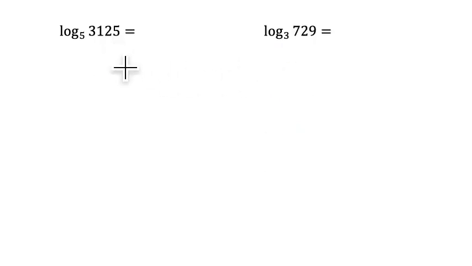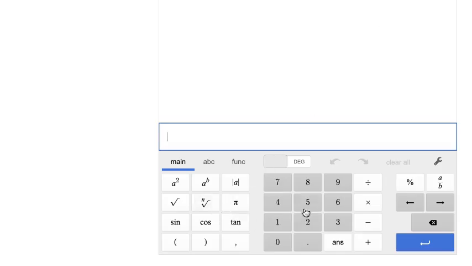Okay, here are a couple of problems where we will probably need to use a calculator to help us. We're wondering 5 to what power equals 3,125. Well, you might not have your powers of 5 memorized, so let's open up a calculator and just give a few numbers a try. So let's try 5 raised to the 4th power.